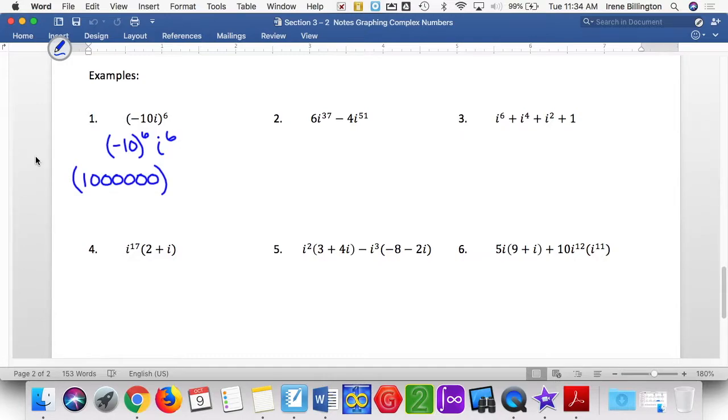Take your exponent 6, divide it by 4, gives you 1.5. And if your decimal is 1.5, what does i to the 6th equal? -1. So I will replace i to the 6th with -1. And then I will multiply 1 million times -1, which gives me -1 million.